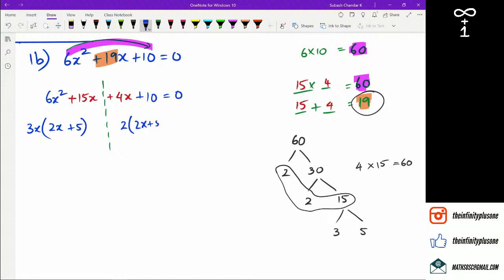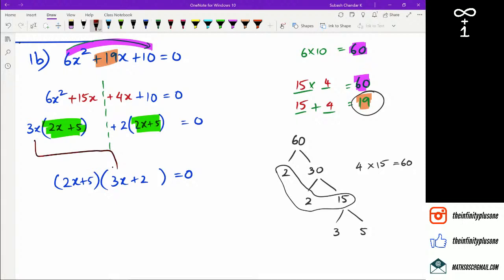Whatever's inside those two brackets must be the same. So we've got 2x plus 5 as a common factor. I'm going to write that down first: 2x plus 5 multiplied by 3x plus 2, which equals 0. The 3x comes from there, and the plus 2 is from there.